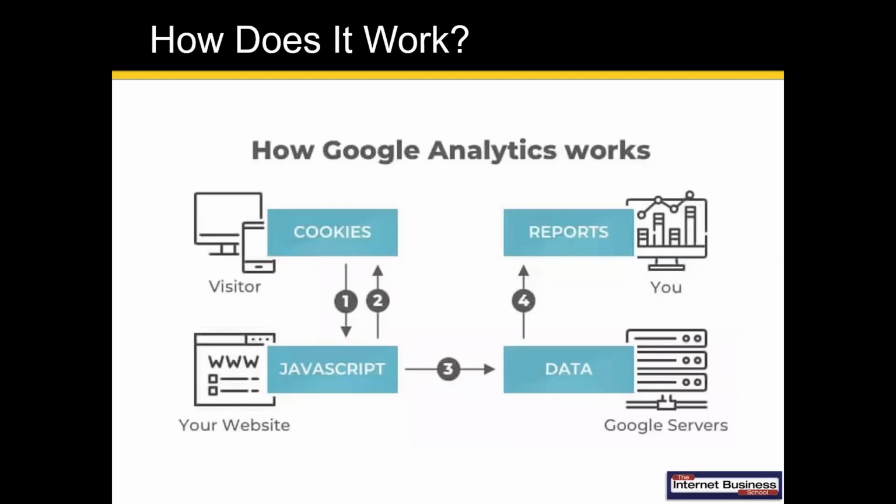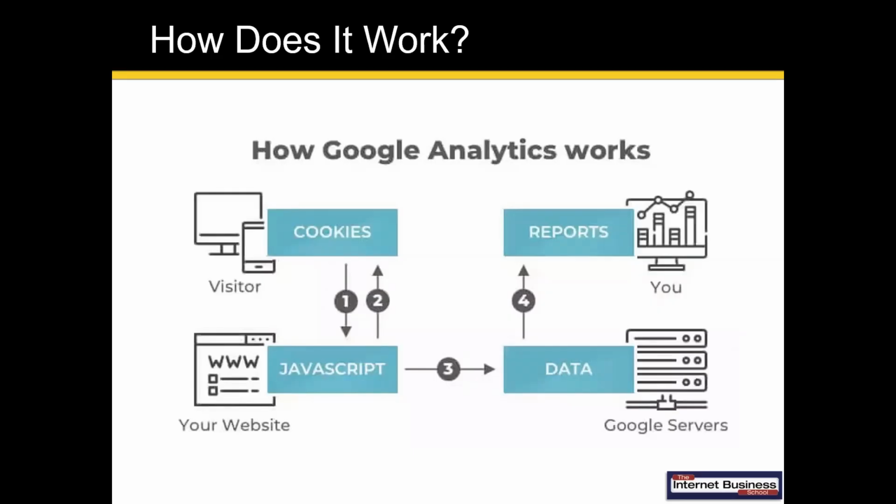But it will be used to label that person and get non-identifiable information about them. So, once that cookie has been installed on that visitor's hard drive, this data is then sent to the Google server somewhere, where it reports to you in the Google Analytics dashboard information about your visitor.